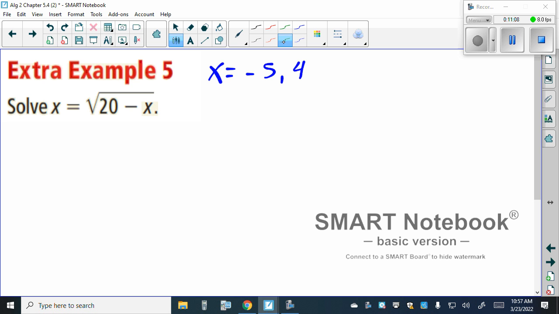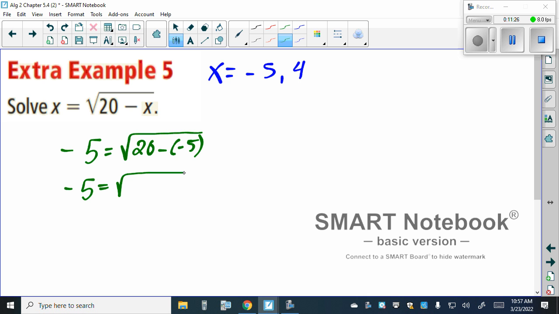So we check -5. -5 is equal to the square root of 20 minus -5. Most likely this isn't going to work because we can't have a negative come out of a square root or an even root. Now if we finish solving this, well, 20 minus -5 is going to be 25. The negative and negative make a positive. And the square root of 25 is 5. So -5 equals 5.